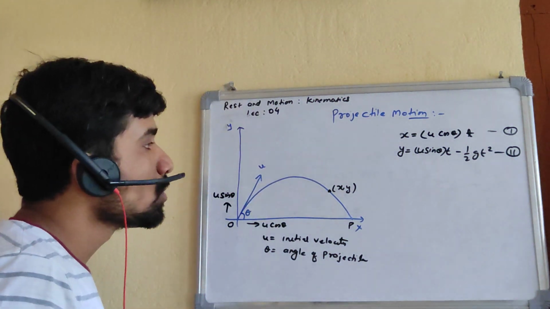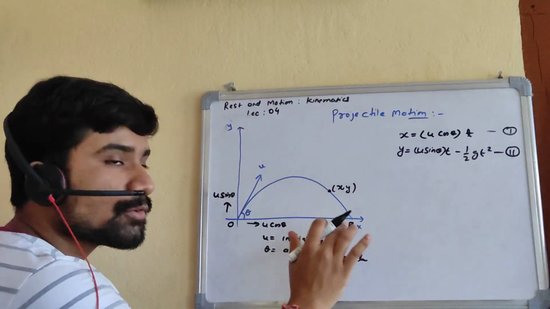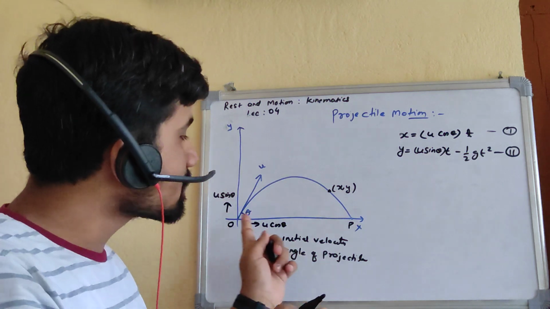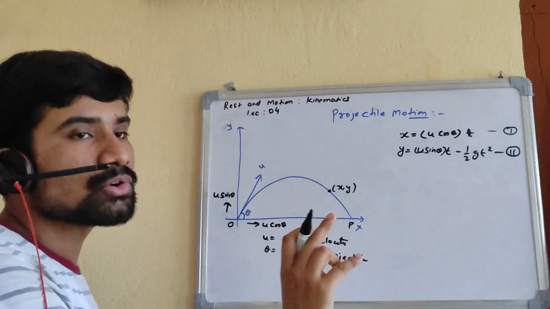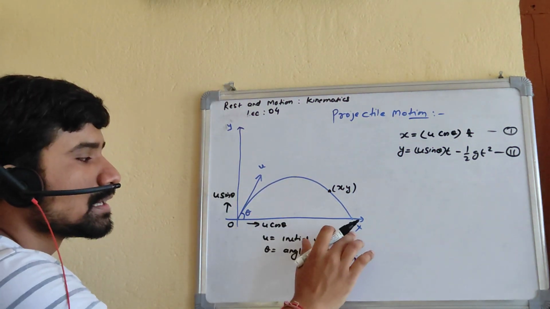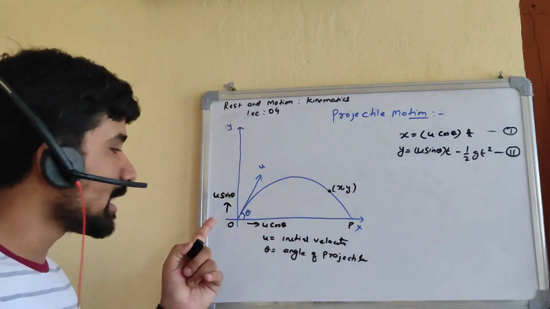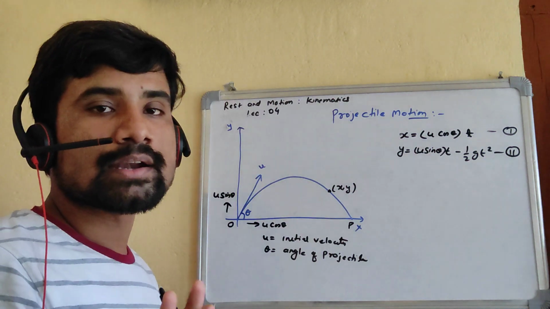At the time of flight, this projectile has covered maximum distance along the x-axis, but it has come back to 0 along the y-axis. So the displacement along the y direction at point P is the same as at point O, which is 0, correct?